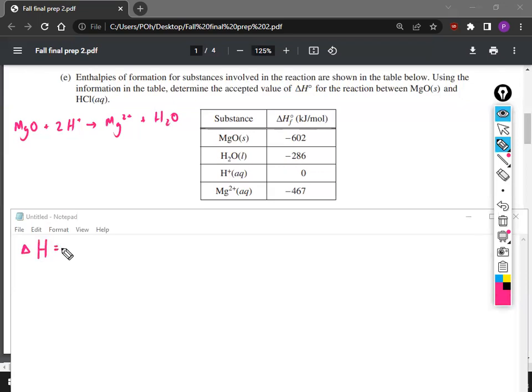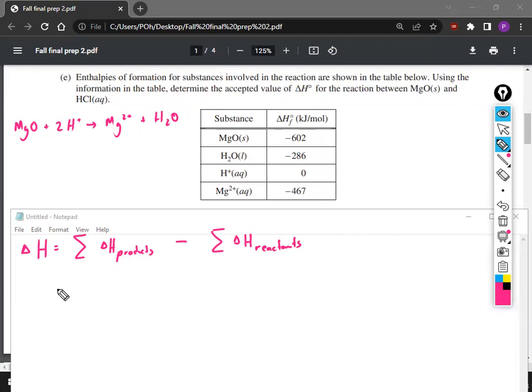The enthalpy of formation is equal to the sum of the enthalpy of formation for the products minus the sum of the enthalpy of formation of the reactants. Hopefully this looks familiar. Most of these delta things are products minus reactants because that tells us the change.